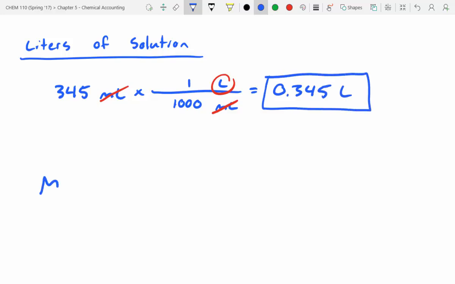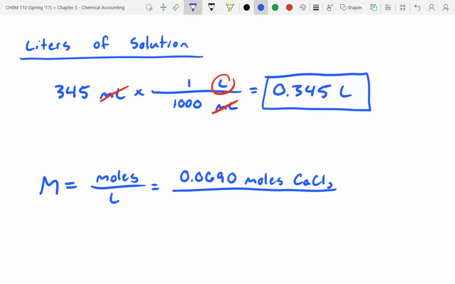Okay, now we're ready for molarity. So molarity, we said, is going to be moles over liters. We just said that we had 0.0690 moles of calcium chloride. And we've got 0.345 liters.